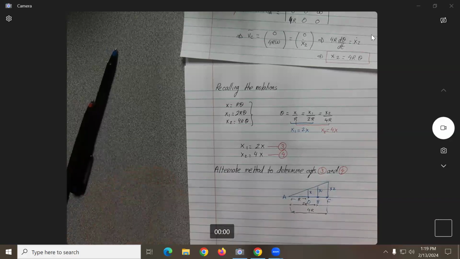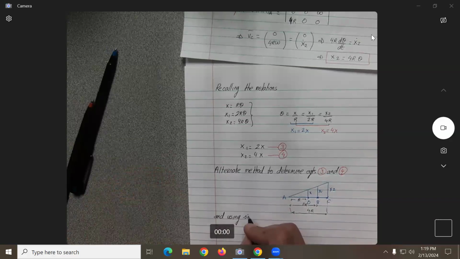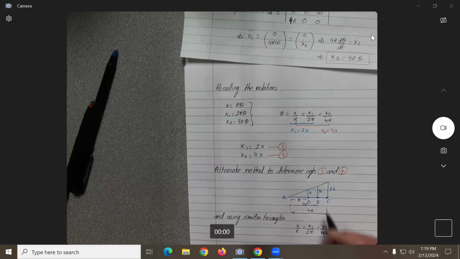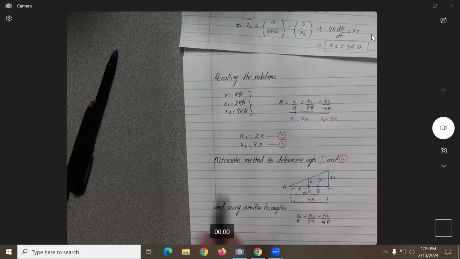And then I say here, using similar triangles, this will give you what? X over R will be equal to X1 over 2R will be equal to X2 over 4R, no? Which is exactly the same thing that we had over there.